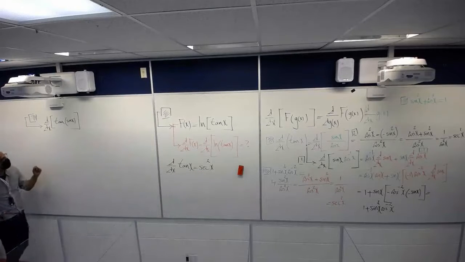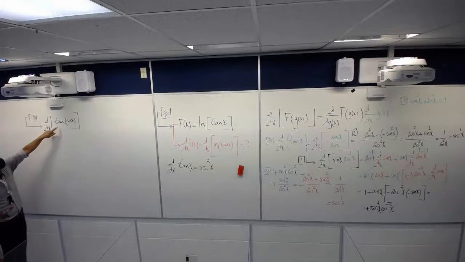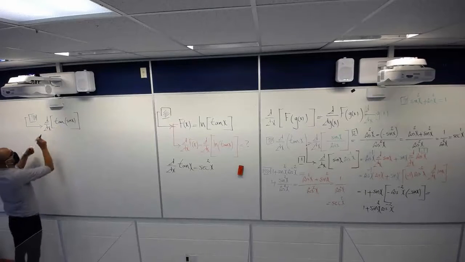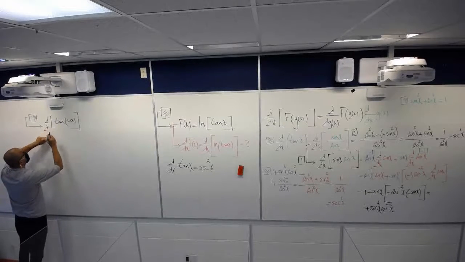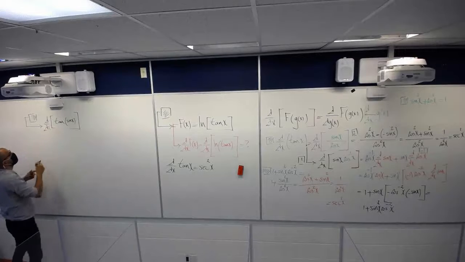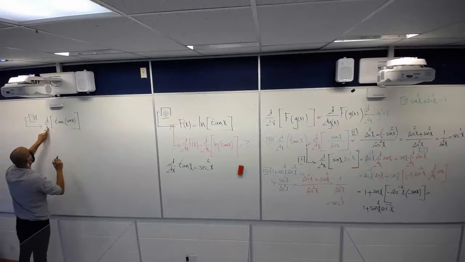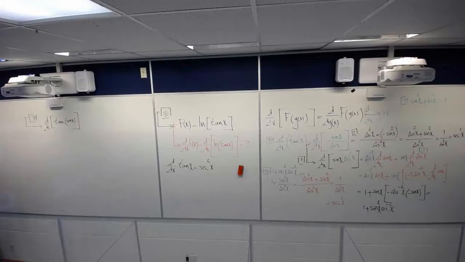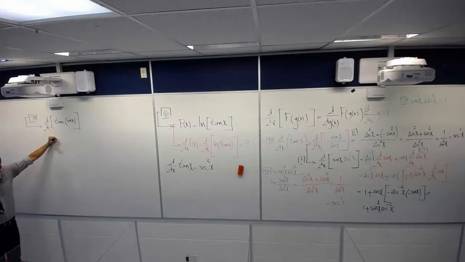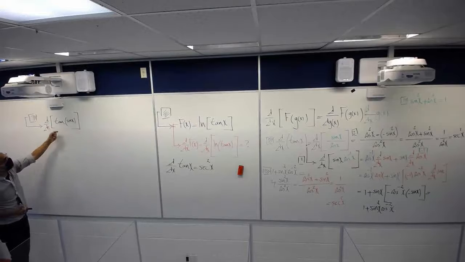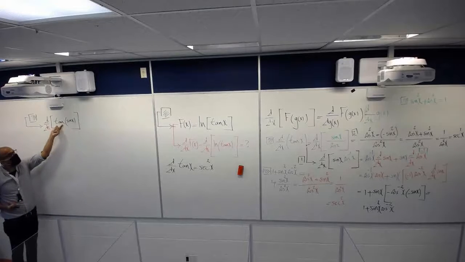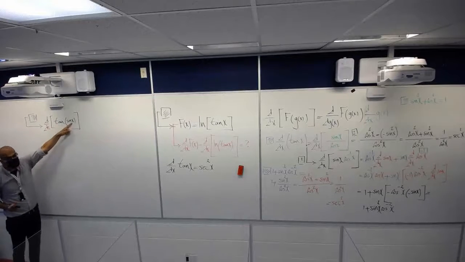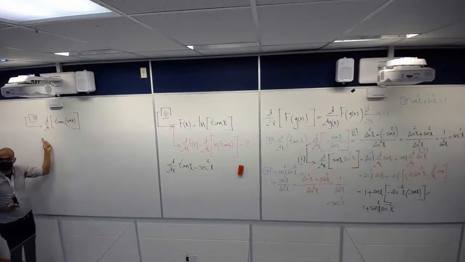Then I give a problem like this. Let's color code it. I say d over dx of tangent of sine x. I'm looking for the rate of change of the tangent of the sine of x with respect to the changes of x.